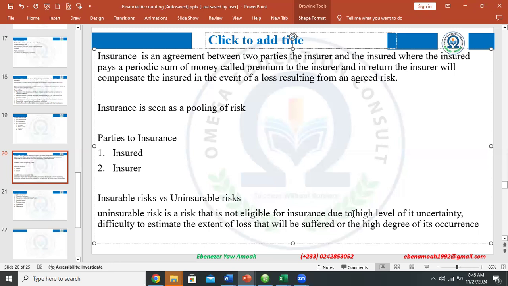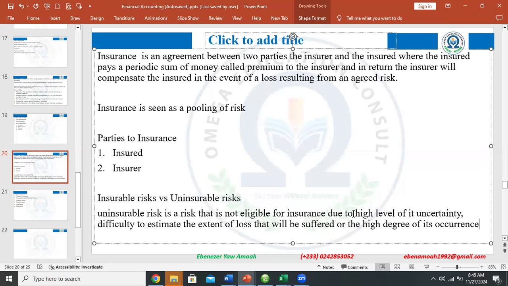Or if it is difficult to estimate the extent of loss, if we cannot make a good estimate of how much you are going to lose in the event of such danger or loss, it becomes difficult for us to insure. And then also the high degree of its occurrence. If it is something that is happening every day, we can't insure it because the frequency will be too much for us.